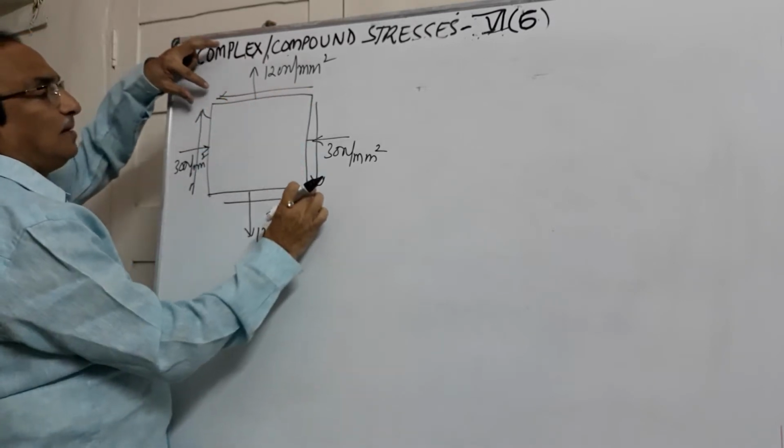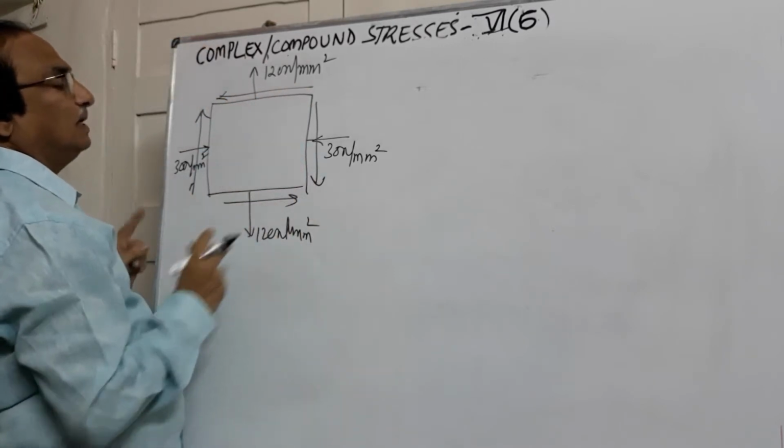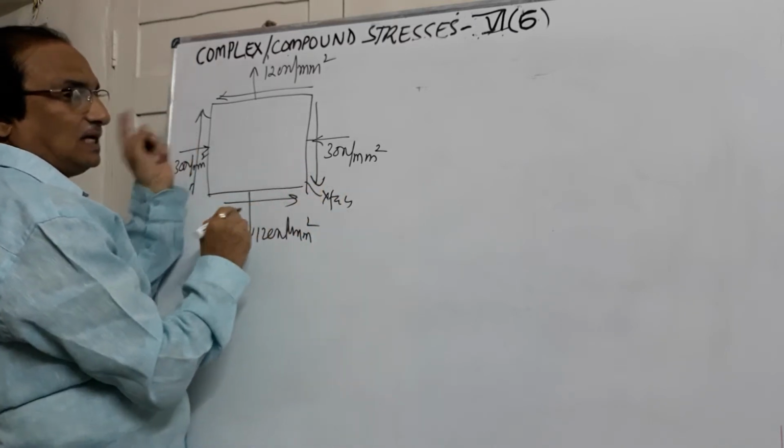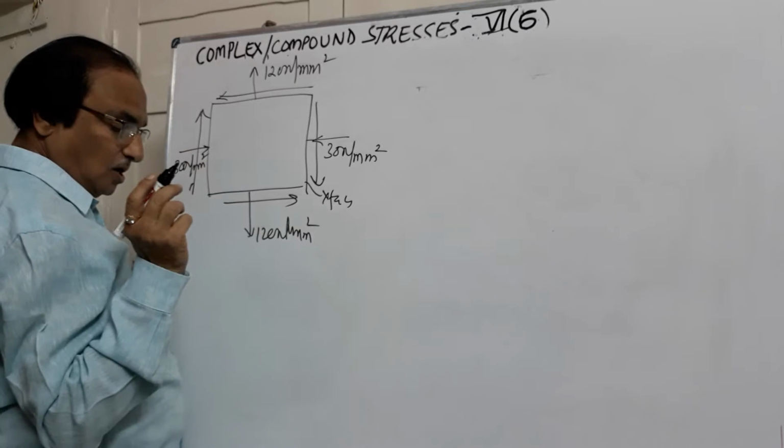See, the arrow should be in the opposite corners. On x phase, this is my x phase. On x phase, it is acting in clockwise direction. So you should be careful about the notations.